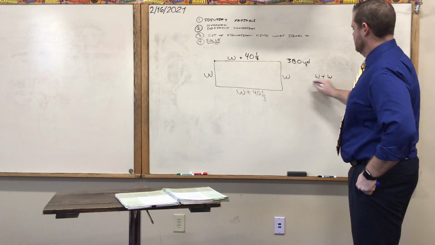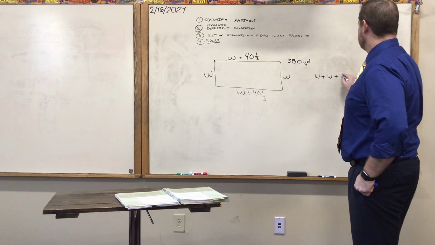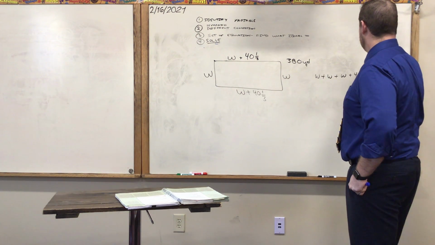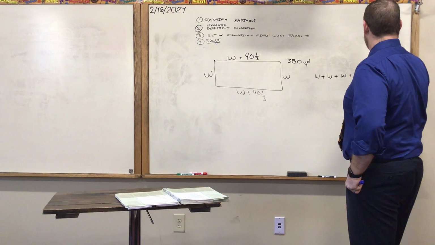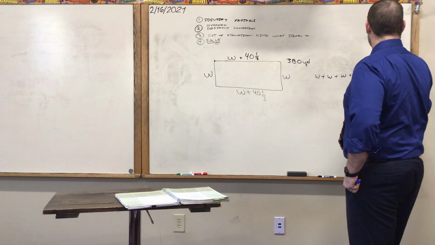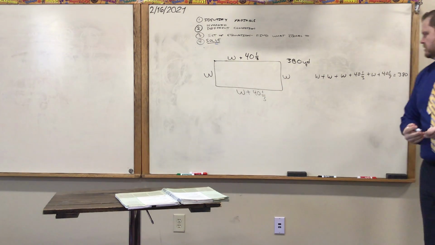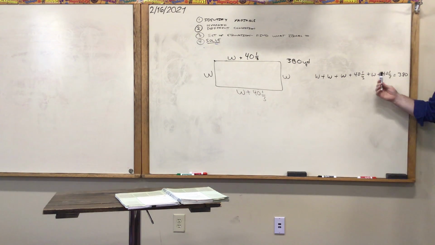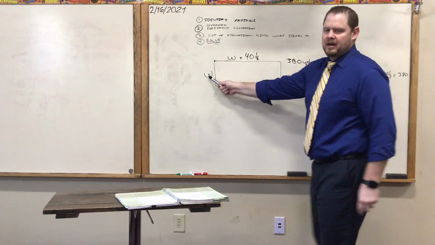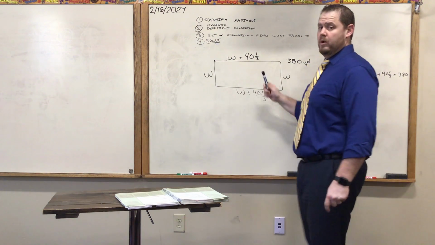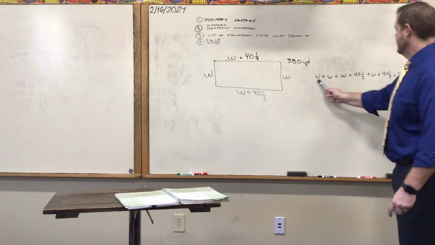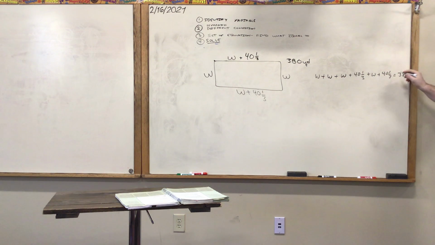W plus W, plus W plus 40 1/3 plus W plus 40 1/3, all equals 380. So we have an equation, okay, step 3, because step 1 we found our variable. Step 2, we found our condition with our variable. Step 3, we found our equation, we put our equal sign in here, okay?